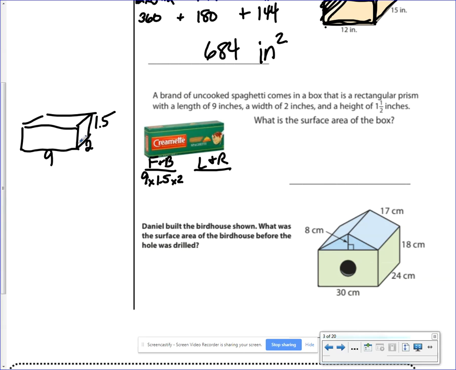That's this part right here, and that is 2 by 1.5, and you've got 2 of those. Finally, you have the top and the bottom. That's up here, which is measuring 2 by 9.